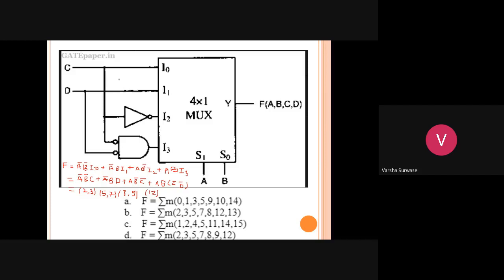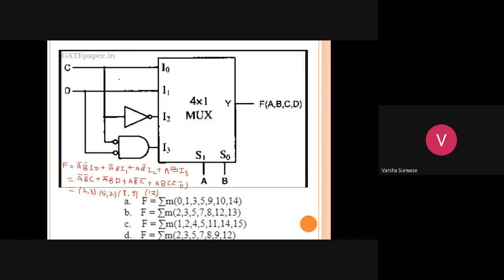When we add the missing variable D, you get two minterms: A bar B bar C D one time, and second time A bar B bar C D bar. So from this you will get minterms 2 and 3. For the second term A bar B D, you will get minterms 5 and 7.